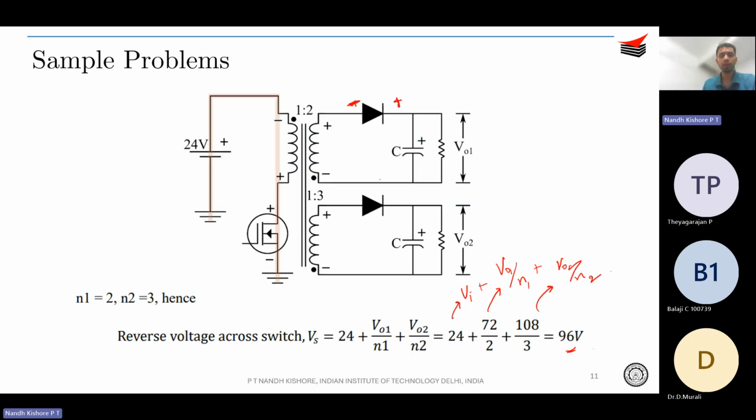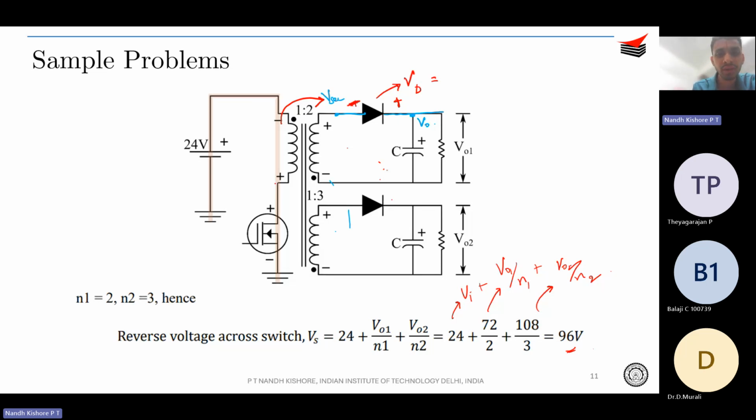So again, what you need to do is you just need to transfer your primary to the secondary side over here. You will understand that the diode voltage Vd, right? So in this side you have V0, and in this side you have the V secondary.